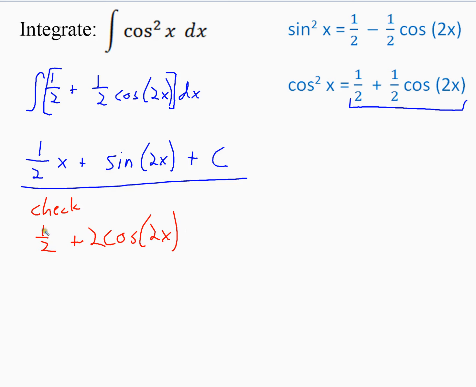So let's go back and look. We got a 1/2, and we do have a cosine of 2x, but this has a 1/2 and we got a 2. So what we need to end up doing is multiplying our integral by 1/4. So therefore, 1/4 times 2 gives us that 1/2. So here is the integral of cosine squared x dx.